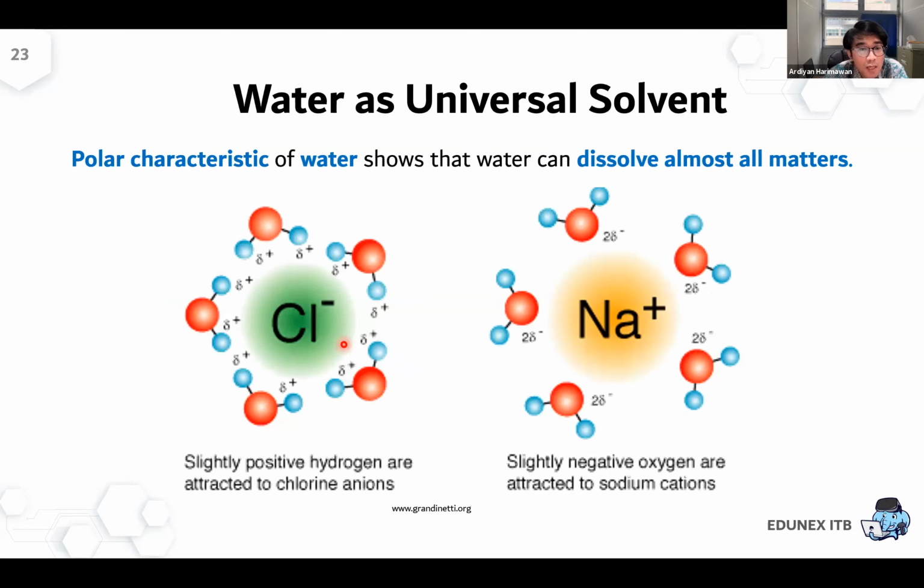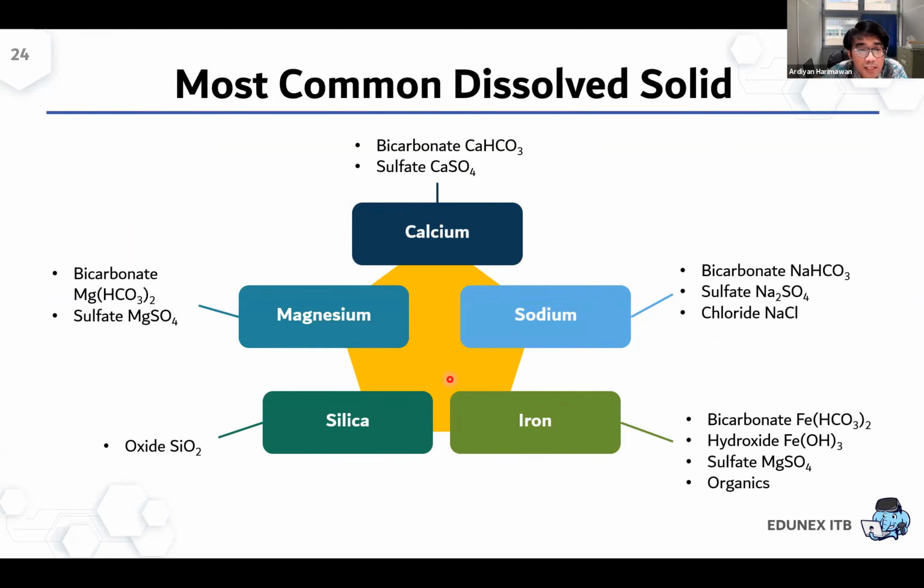Okay, so as a universal solvent, these are the types of common dissolved solids that you normally find in water. It can be calcium base, magnesium base, silica base, sodium base, or iron base.